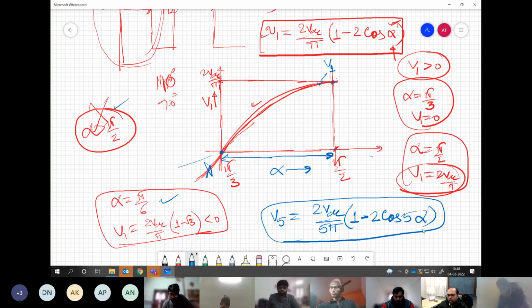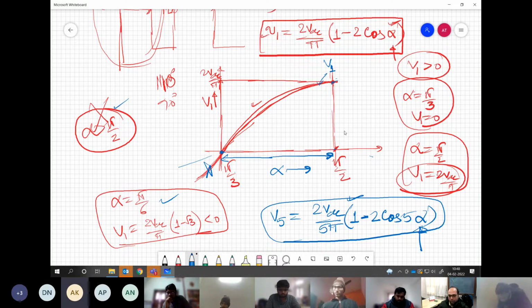So within this range, how is V5 coming out? Okay, let's answer simple questions. What is the value of V5 at pi by 3? Zero.